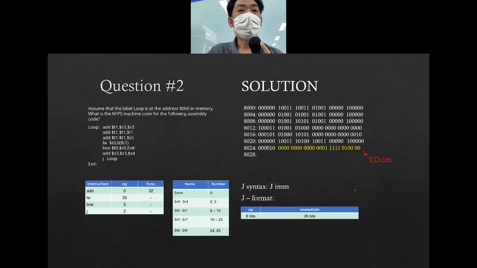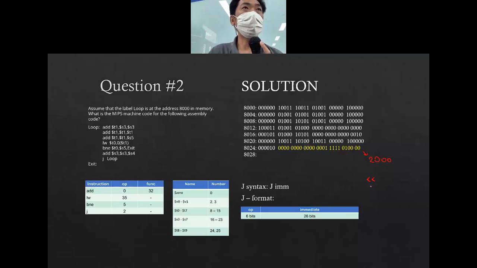Because when you talk about the address in the main memory, the unit of the address is in byte. And how about the immediate that we specify in the jump instruction?